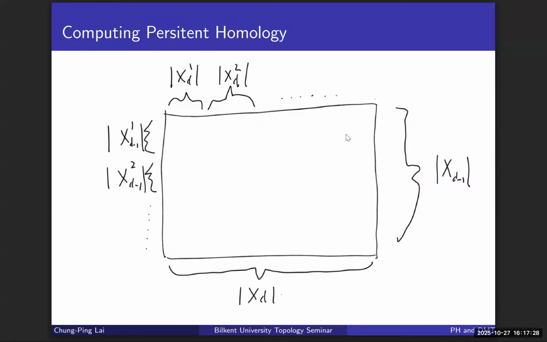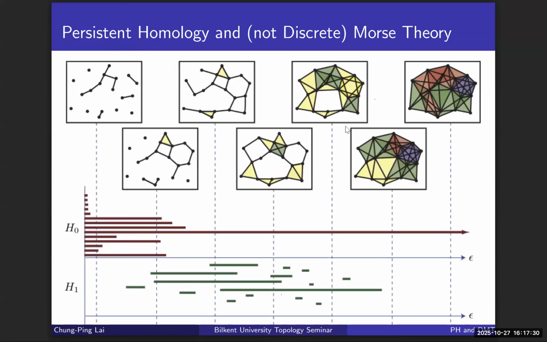The second related topic, which I figure would be interesting to talk about, is how persistent homology is related to not discrete Morse theory. As we said earlier, discrete Morse theory is inspired by smooth Morse theory, and we used that to introduce a way to reduce the computation of persistent homology.